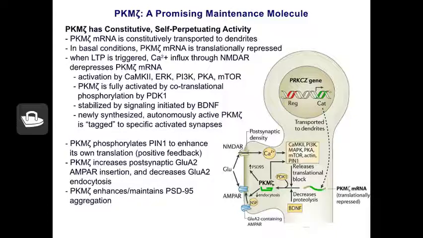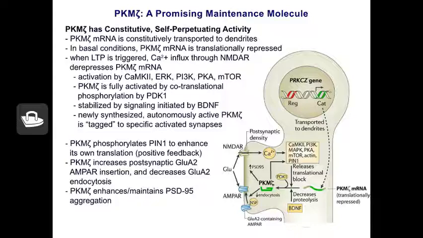This whole process is stabilized by BDNF signaling, which is a mechanism we saw in the previous chapter, and the newly synthesized protein kinase M-zeta is tagged to activated spines.